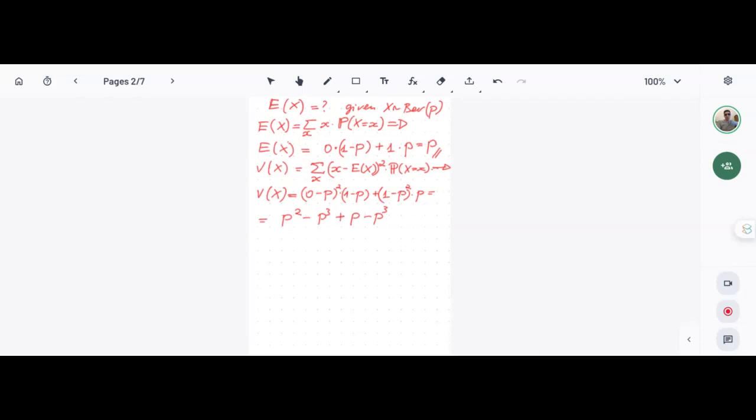All right, let me see whether I did something wrong here. So you got 0, 0 minus p squared, and 1 minus p squared is the next value times p.